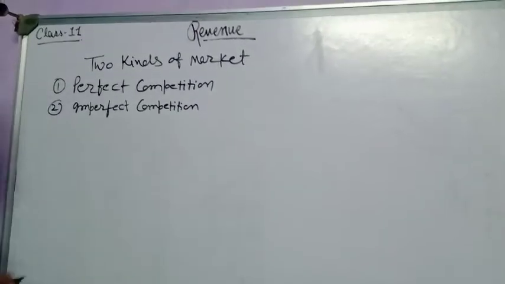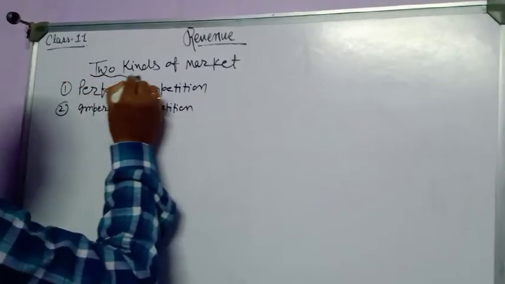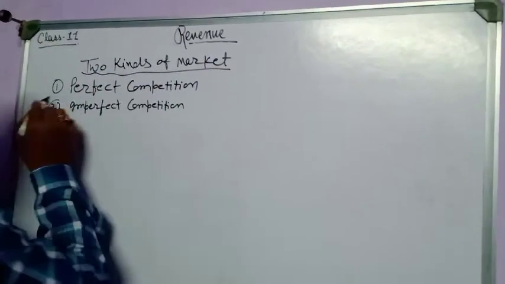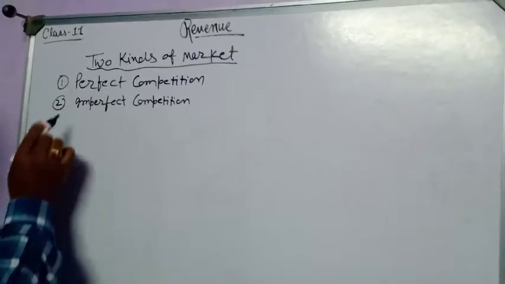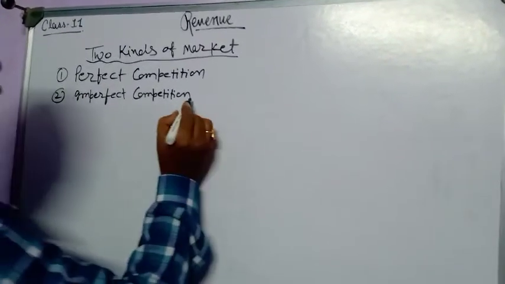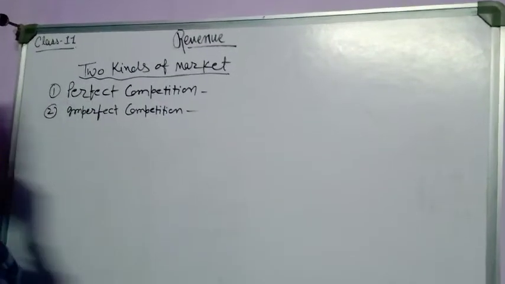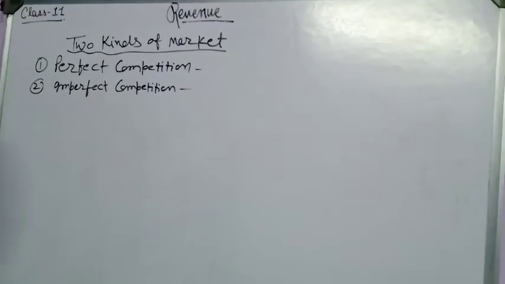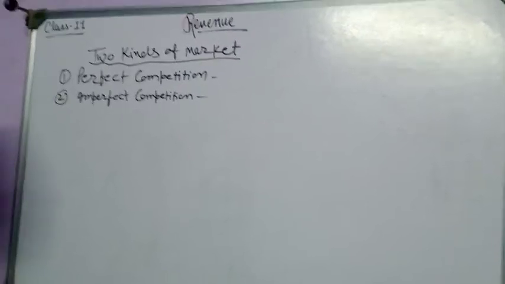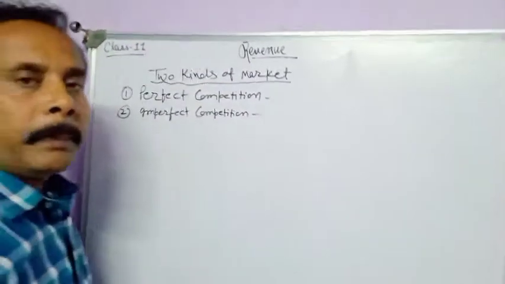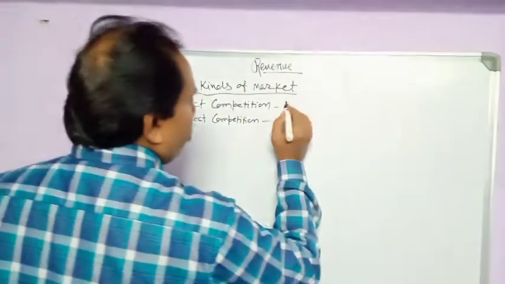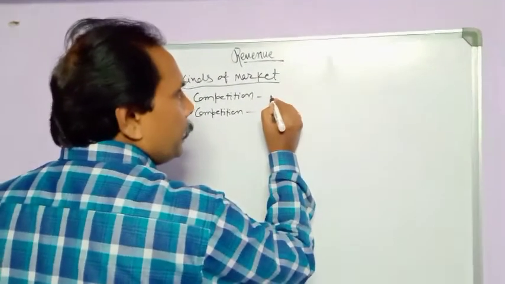Now look here, there are two kinds of market. One is known as perfect competition and the other is known as imperfect competition. First of all, you should know what perfect competition means. Perfect competition is a market where price is determined by the industry.